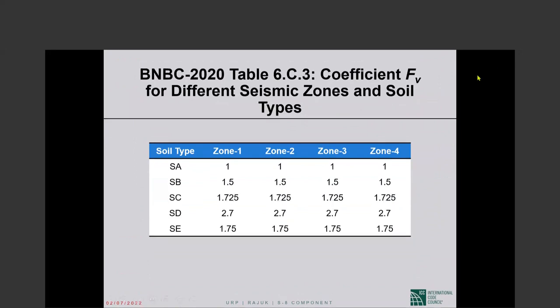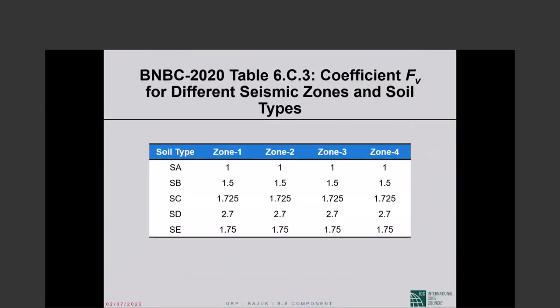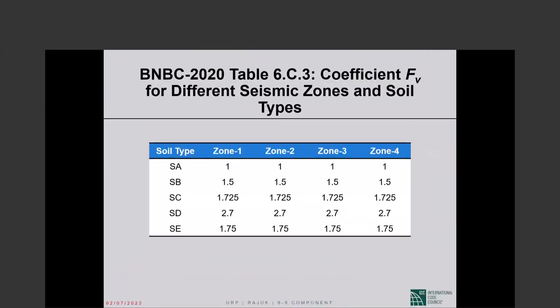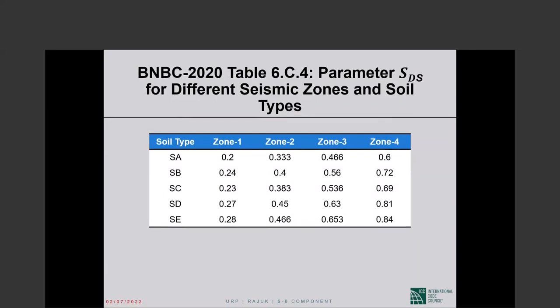The next table gives you F sub A values for the different seismic zones. Then the F sub V values for the different seismic zones. Then the S sub DS, the parameter that we have to calculate in AC7, is given to you ready-made in table 6.C.4.